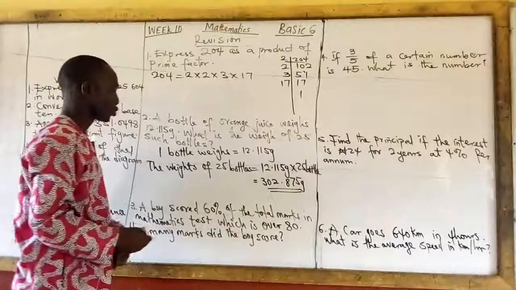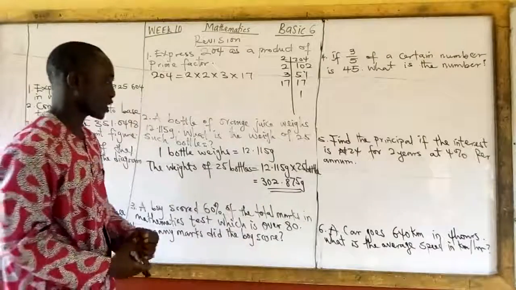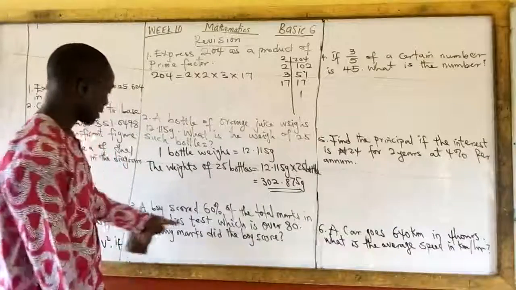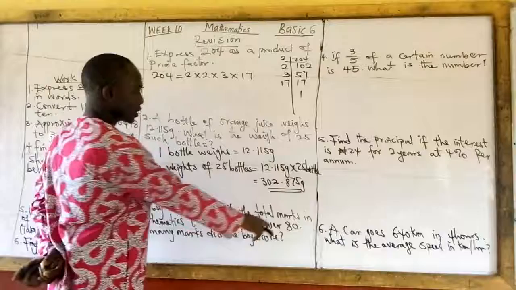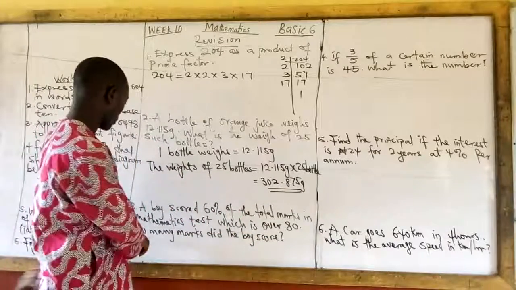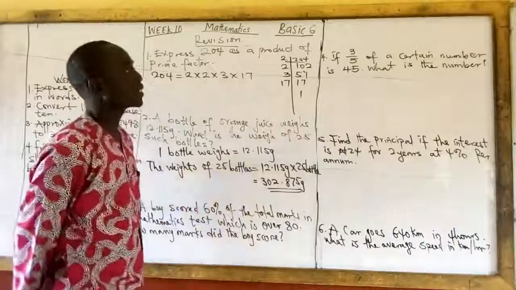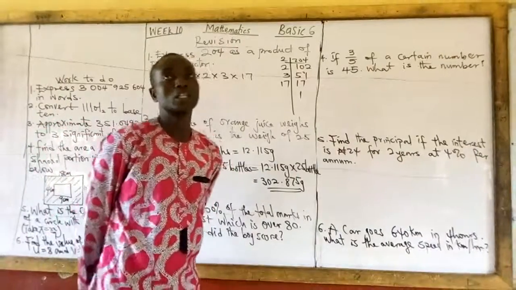Now let's move on to number 3. A boy scored 60% of the total marks in a mathematics test, which is over 80 marks. How many marks did the boy obtain?